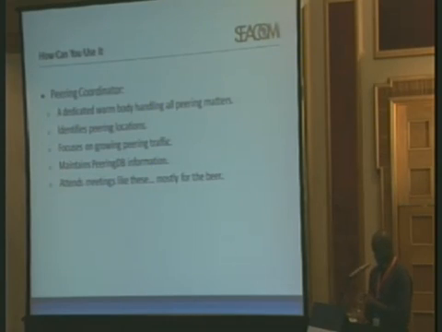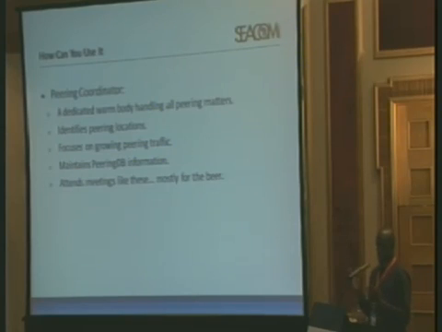So, in the same vein, an organization, an operator, would typically need to have somebody called a peering coordinator. So the peering coordinator is essentially somebody that's dedicated to handling all matters peering. So, where do I go to peer?